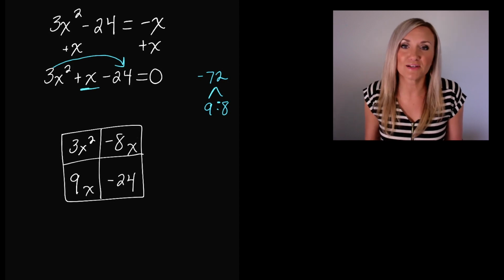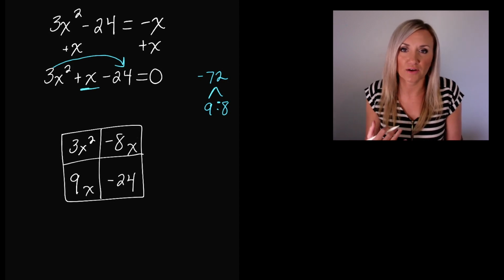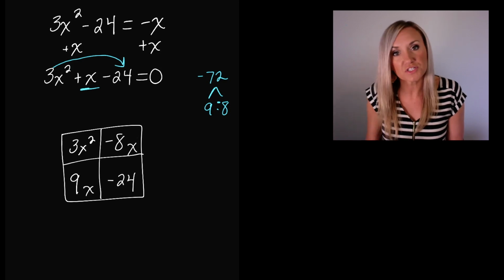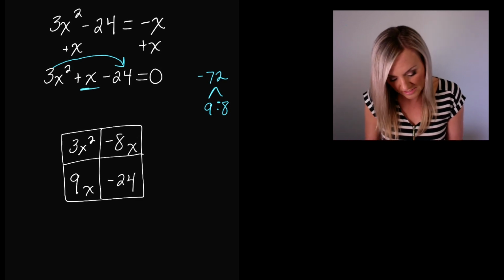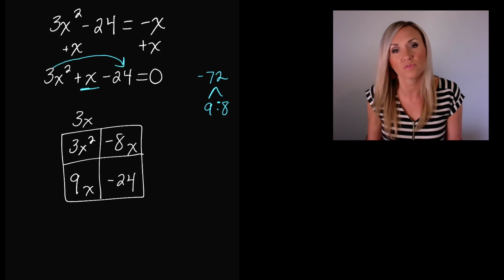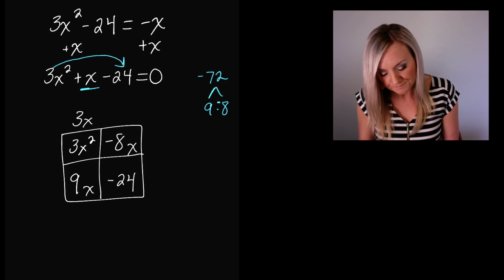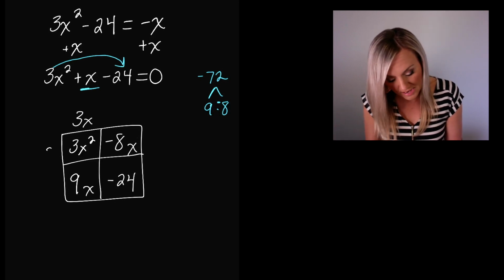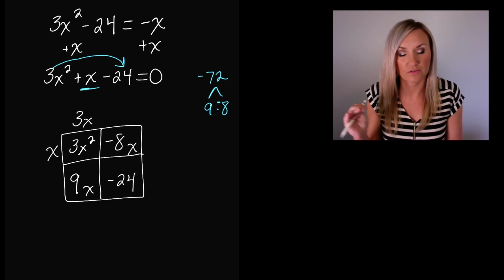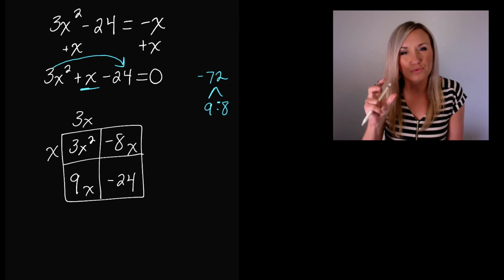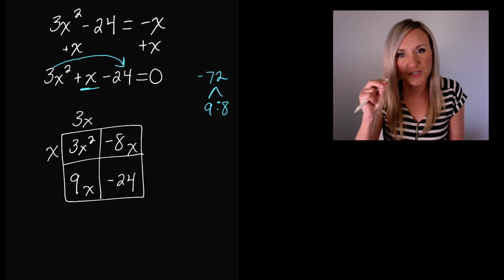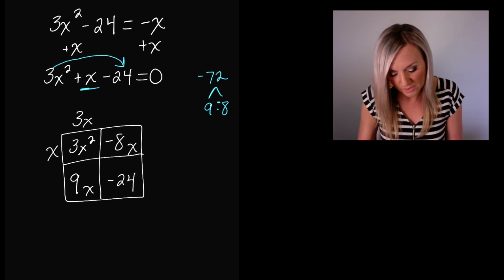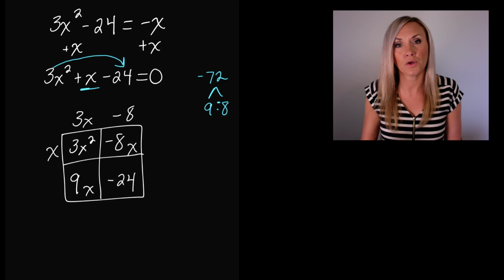Perfect. Now let's pull out our greatest common factor. The first column, up and down, is 3x squared and 9x. I know I can divide both of those terms by a 3x. My eyes instantly go to that first row, because I know 3x times x is 3x squared, and that completes it.